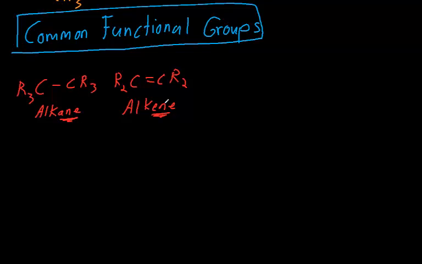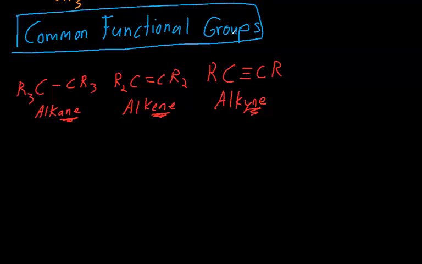Then we have alkynes, which are two carbons triple bonded to each other with one R group. Note the different endings: ane for single bonds, ene for double bonds, and yne for triple bonds.